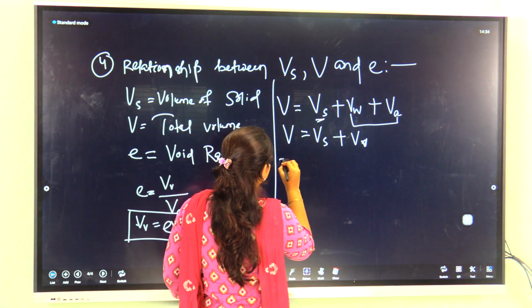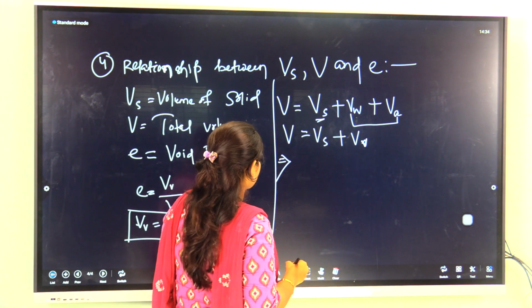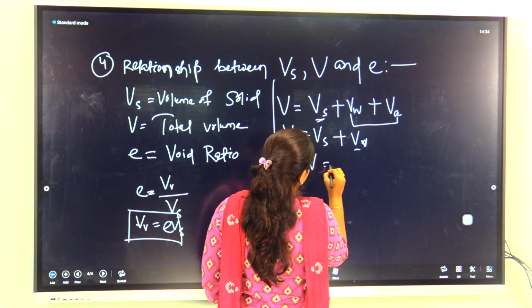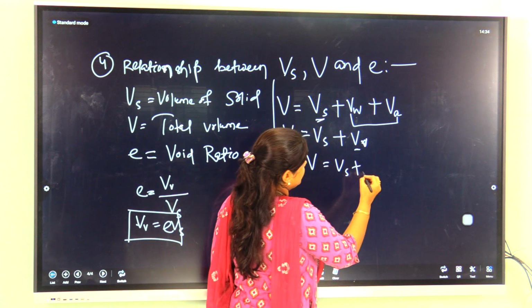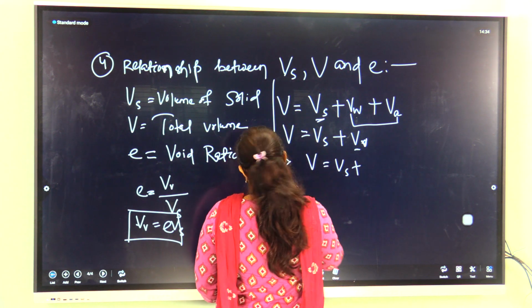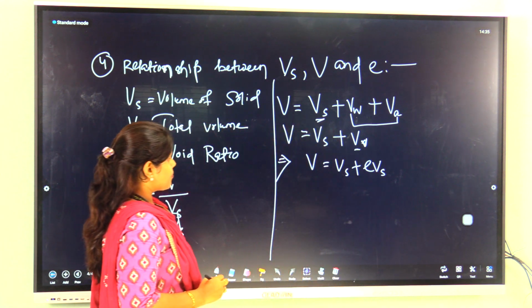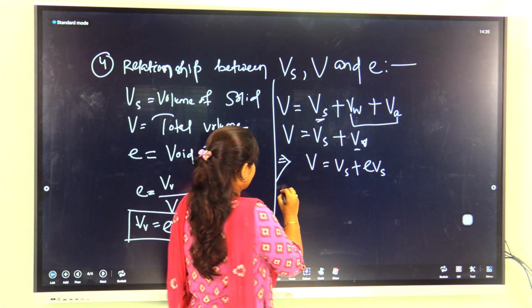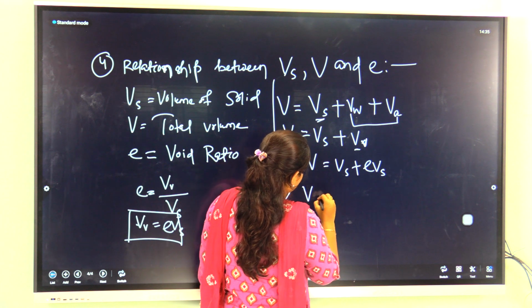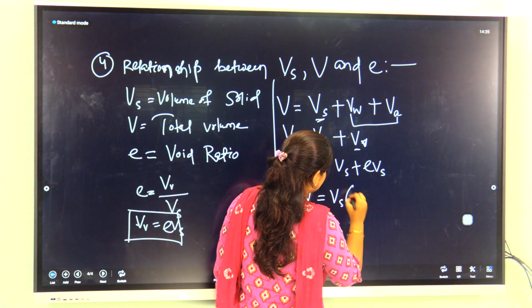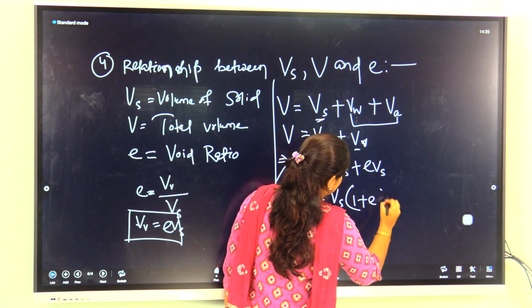So, here we can write V equals Vs plus what? E Vs. V equals Vs, by taking common, 1 plus E.